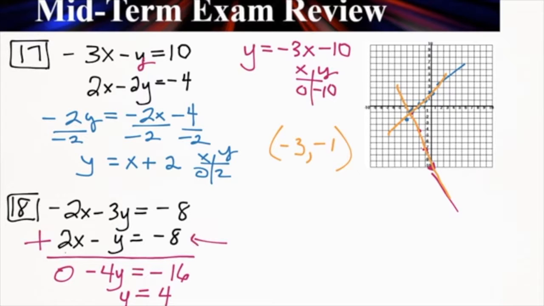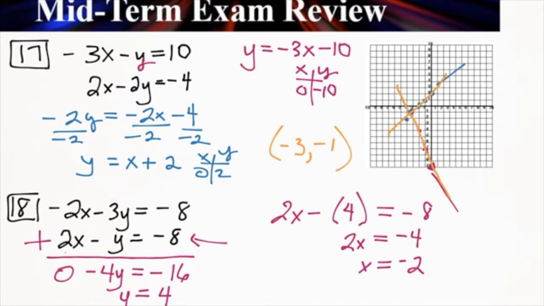I think I'll use this one because there's no negative in front of the x. So y is positive 4, but I need that minus. Then I'm going to add 4 on the other side, and that gives me negative 4. If I divide by 2, I get a negative 2. So my answer is going to be negative 2, 4.